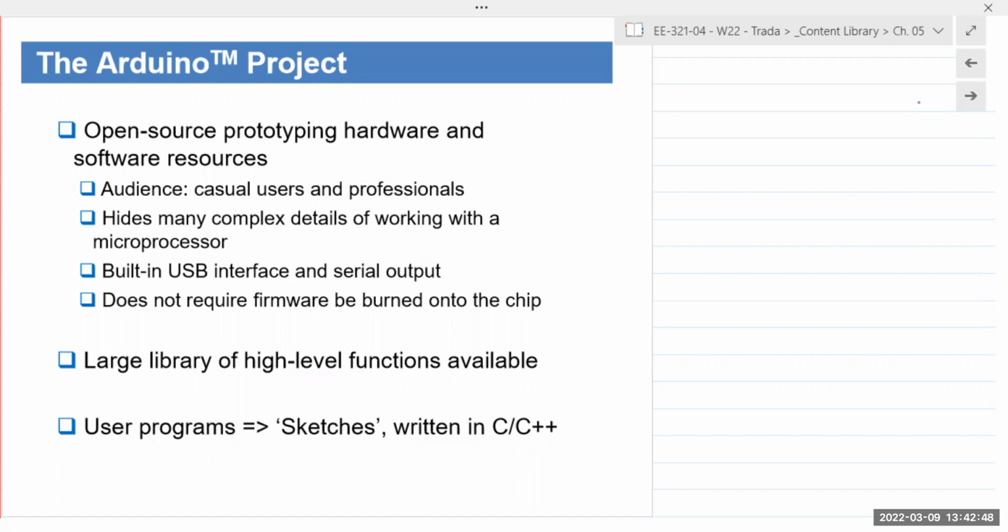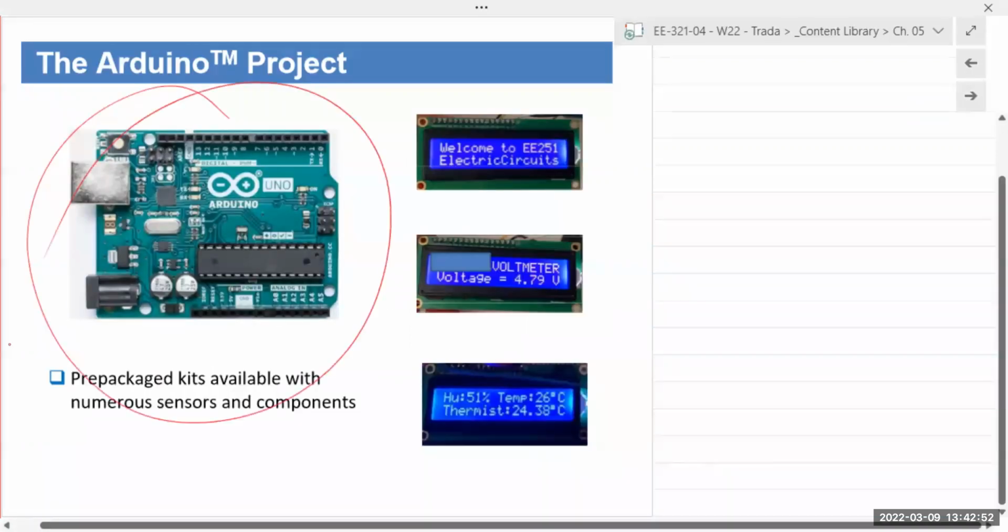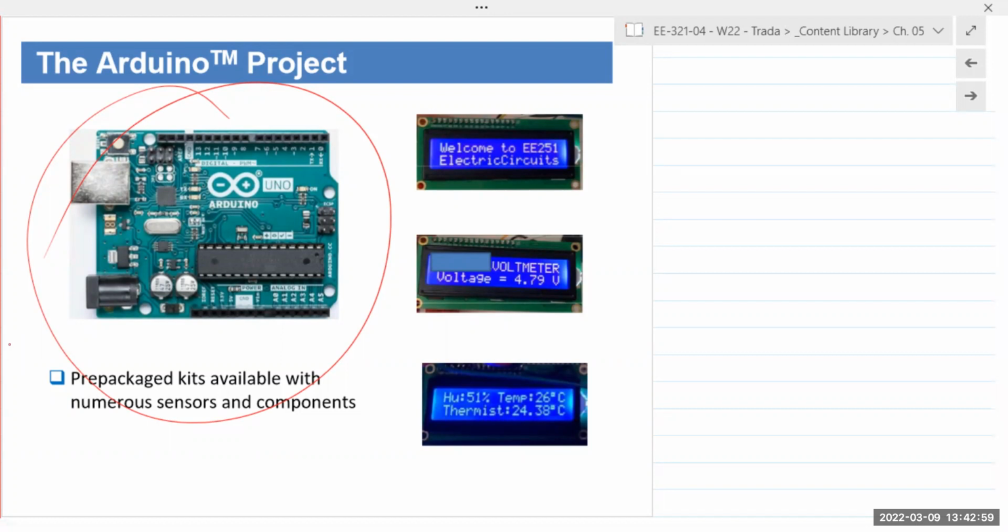They took that microcontroller and created this board that is known as the Arduino Uno board. The chip is right here, and the board is based on the chip and a lot of other components.